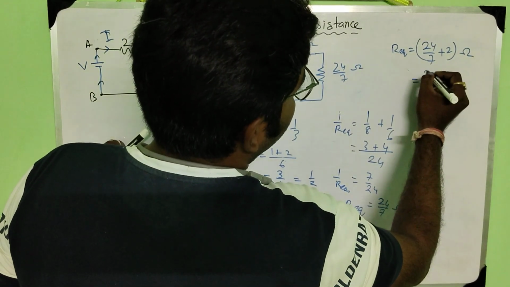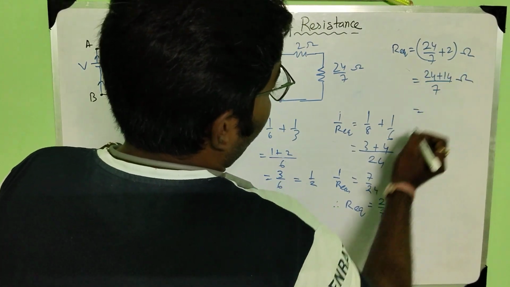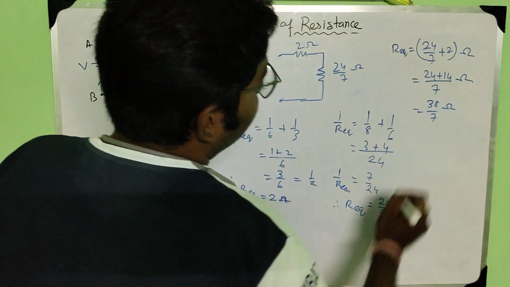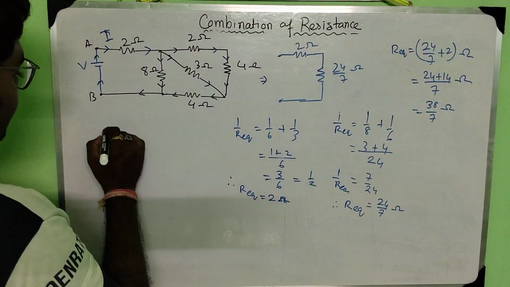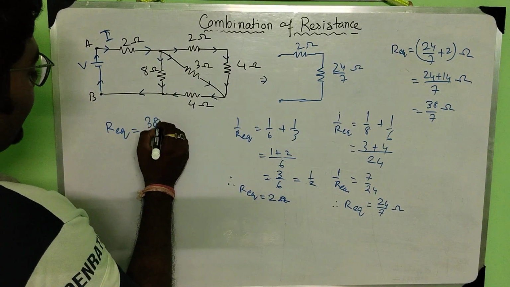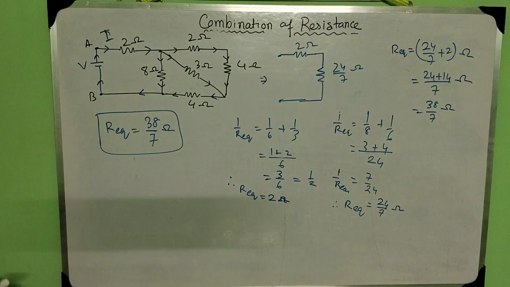That means 24 plus 14 over 7. How much? 38 by 7 ohm. So in this case, the R equivalent will be 38 by 7 ohm. This is the R equivalent resistance.